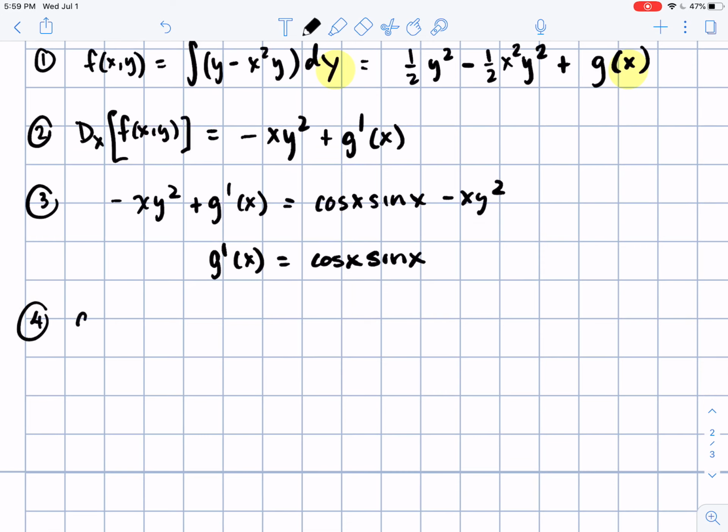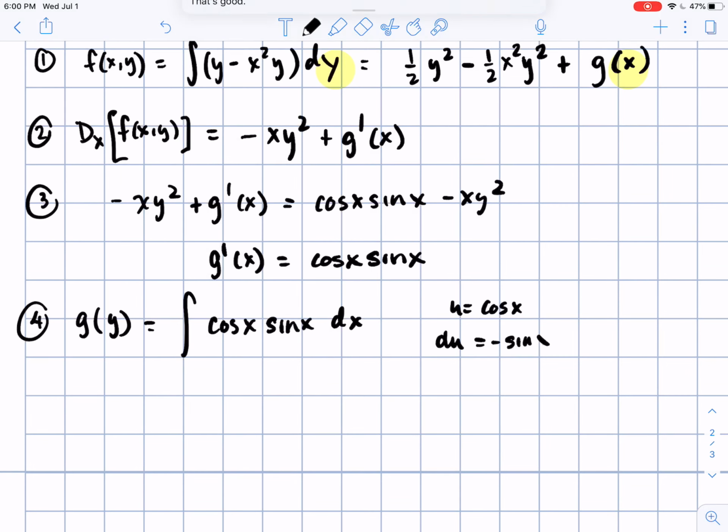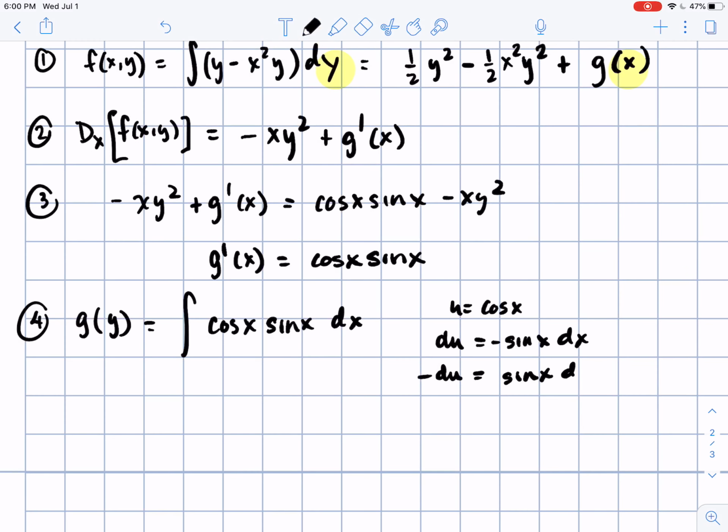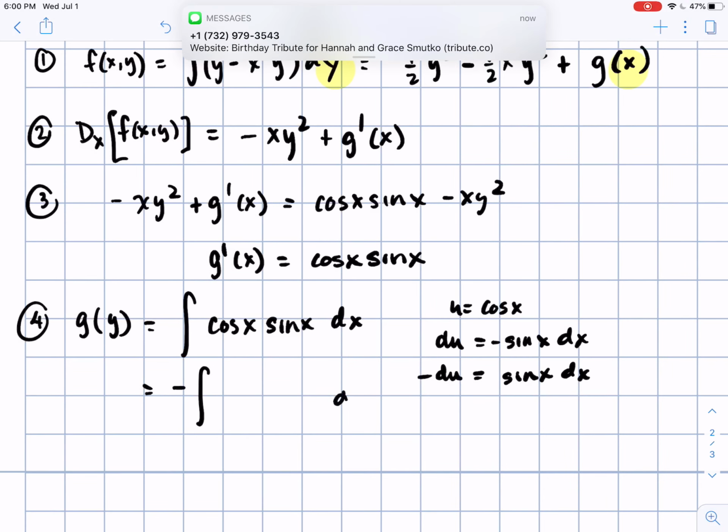All right, let's find g of y, which is going to equal the antiderivative of cosine x sine x dx. So u sub, let's pick cosine x, du is negative sine x dx, so really that negative du is going to be sine x dx. So just going over u sub, now I'm going to replace everything, bring that negative outside.